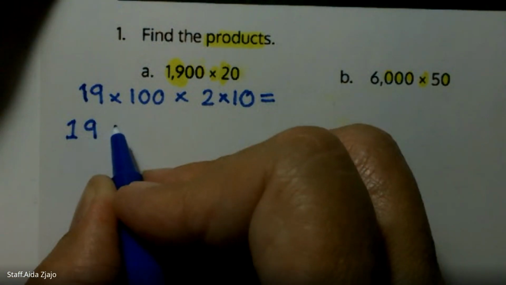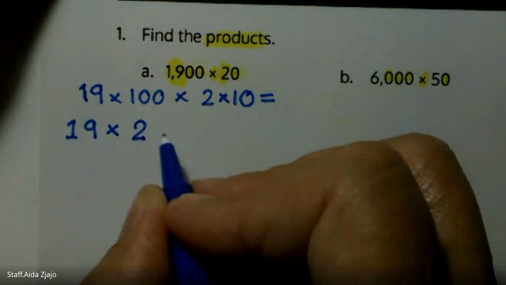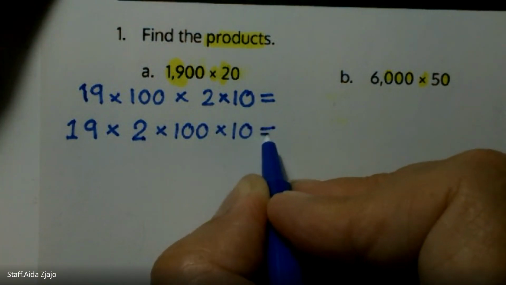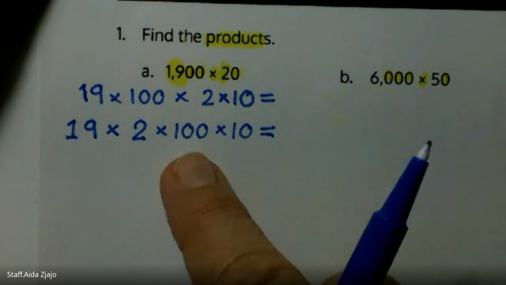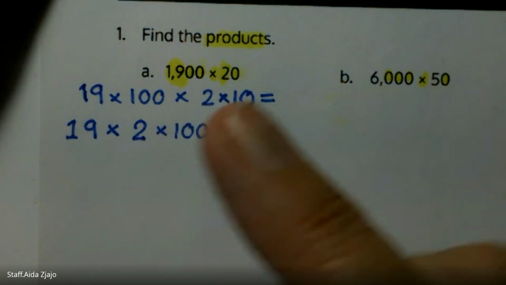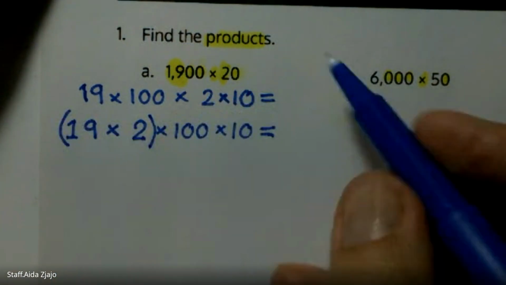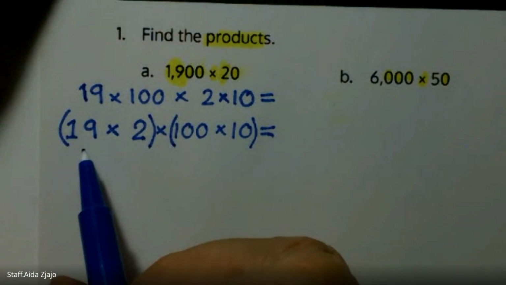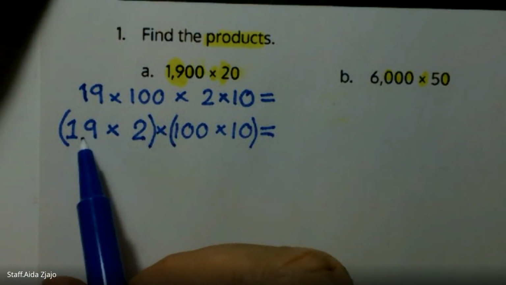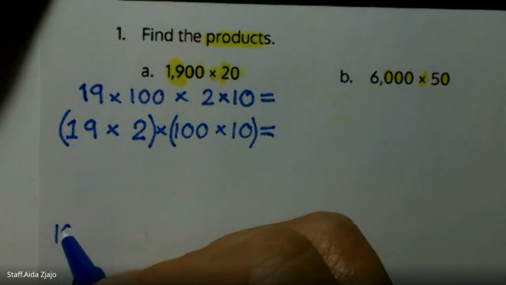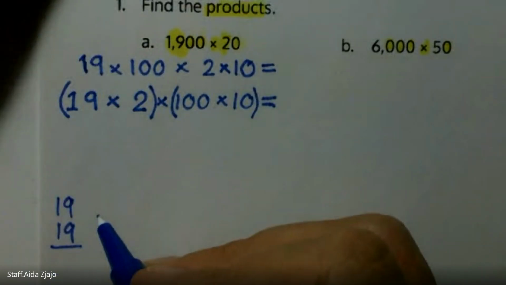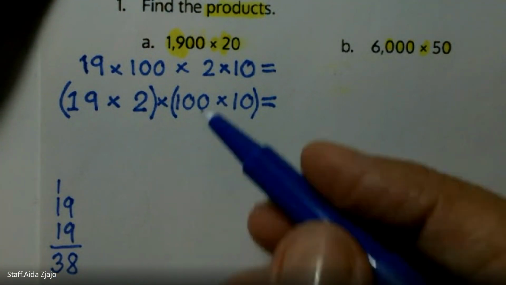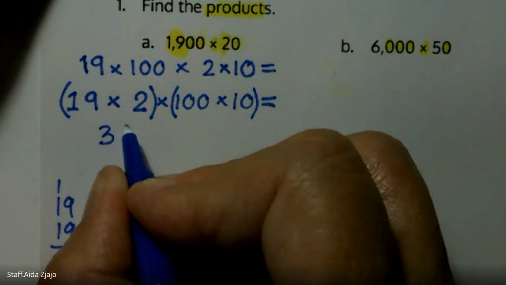So I'm going to move 19 times 2 first, and then I will leave the 100 times 10 right there. So I still have all factors, I just associate these two, and then I'm going to associate these two together. So now 19 times 2 means 2 groups of 19. So 19 plus 19: 9 plus 9 is 18, plus 1 is 38. So 2 times 19 is 38.